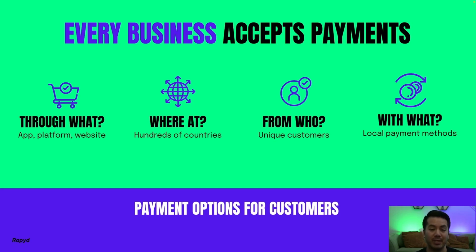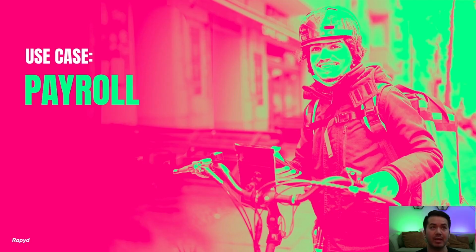These options matter, and these options for customers can be avenues to accept revenue, to accept payments basically from your customer base. And so we'll take a look at what this looks like for payroll.